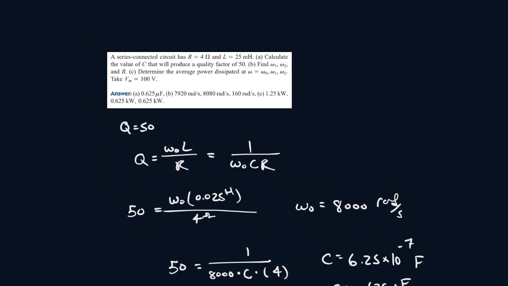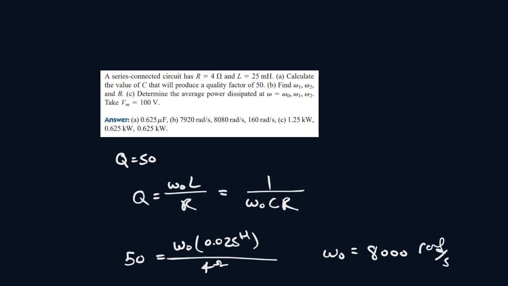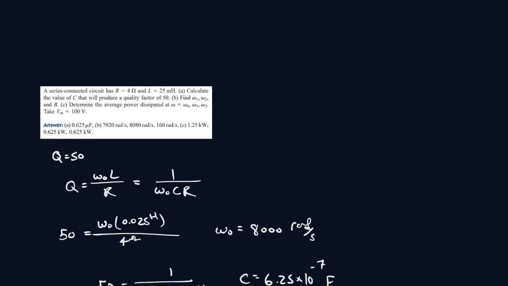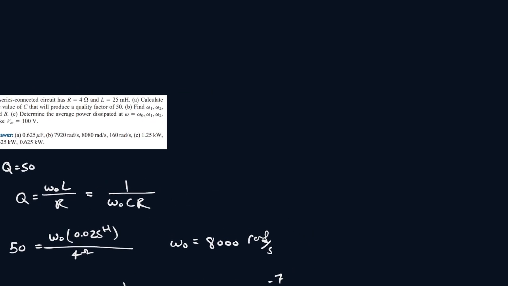The second part, okay, so the second part we're asked to find W1, W2, and B. Okay, so to find W1 and W2, we will have to use a fairly long formula.